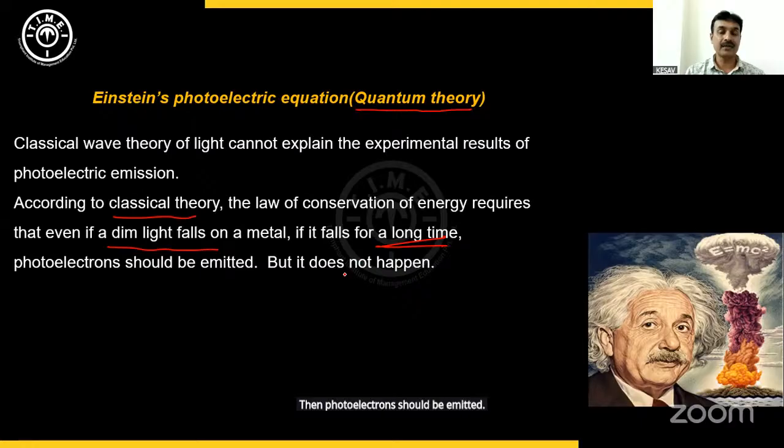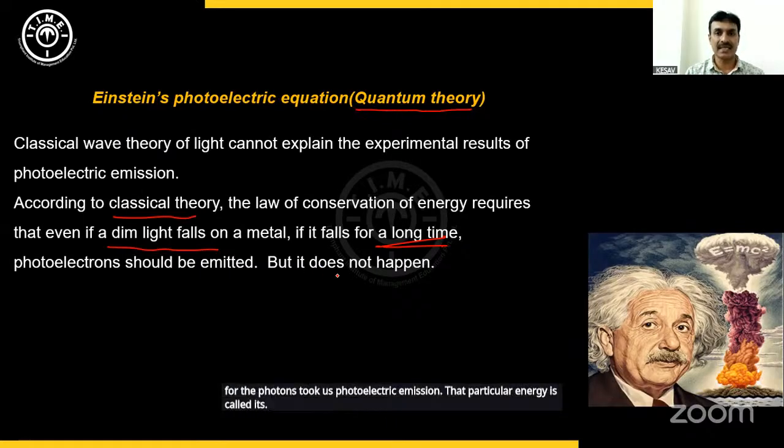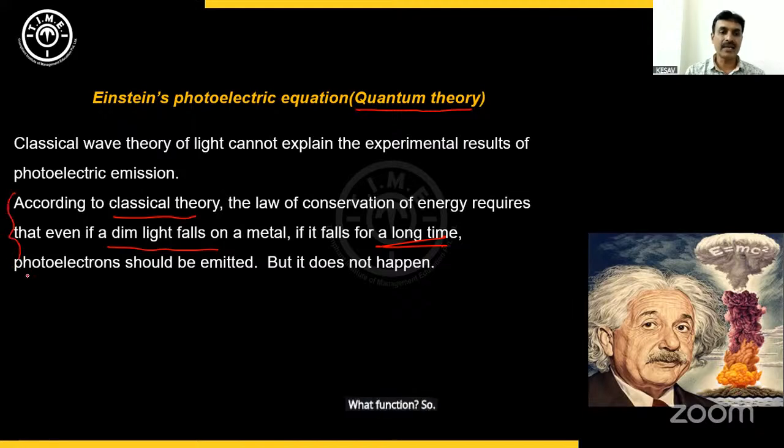But actually, in photoelectric effect, it doesn't happen. There is a certain minimum frequency or minimum energy required for the photons to cause photoelectric emission. That particular energy is called its work function. So this is where the classical theory fails to explain the experimental results of the photoelectric effect.